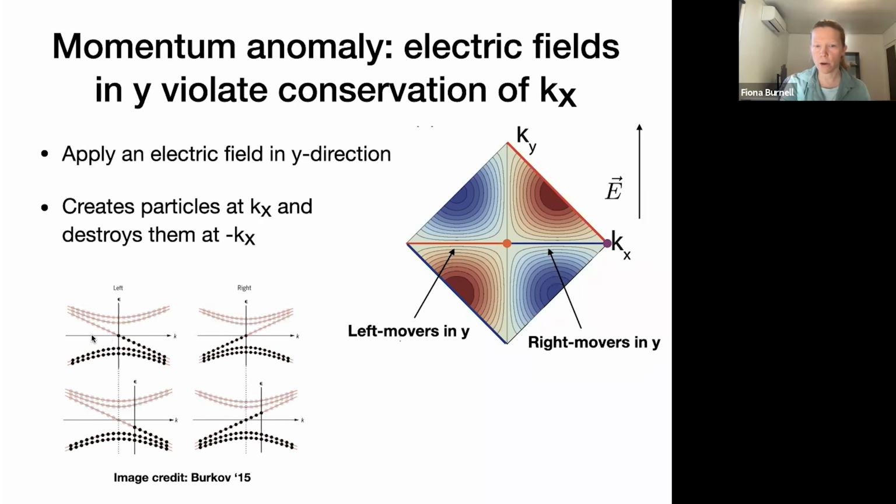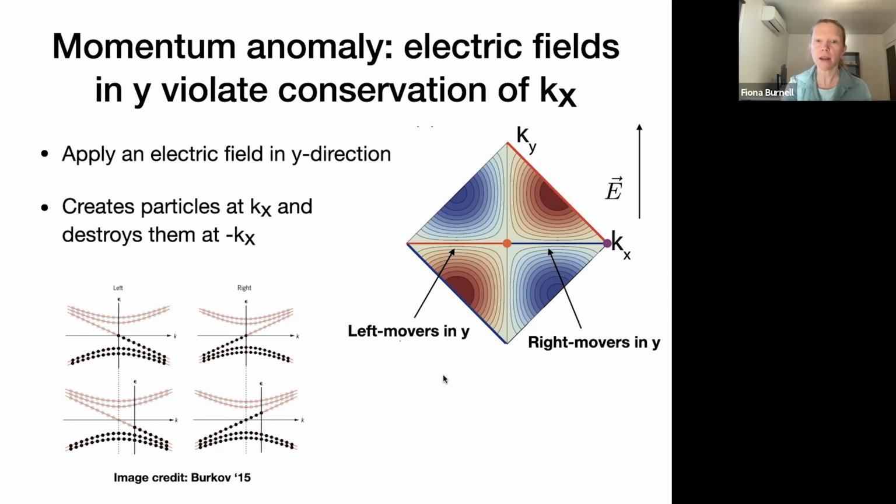And so we can go back to our 1D picture to ask what happens. For the right movers, we apply this electric field, and we can conclude this directly from our analysis of the 1D system at fixed kx.